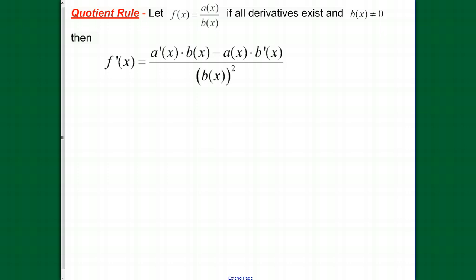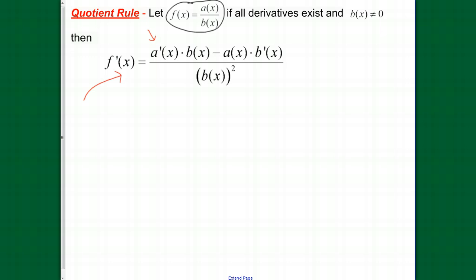If we have a function f of x that is made up of two functions, a numerator and denominator, the derivative of that function is all of this. There's a little bit of a pattern to it. You take the derivative of the numerator, so this part right here, and multiply it by the denominator function.